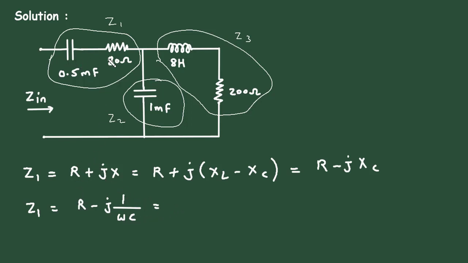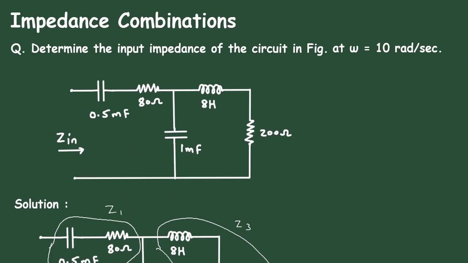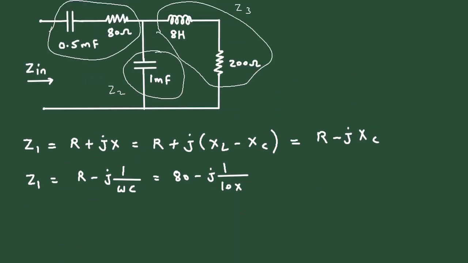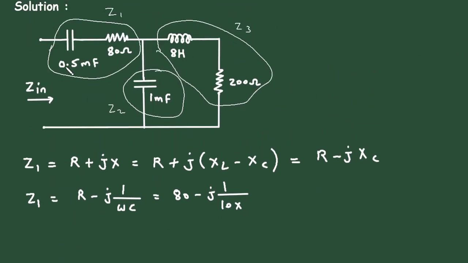The value of resistance is 80, minus j 1 upon omega. The value of angular frequency is 10, so this will be 10 into the value of capacitance. The value of capacitance is 0.5 millifarad, so 0.5 into 10 to the power minus 3.